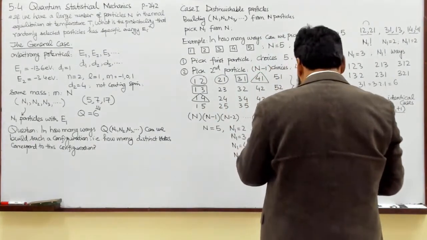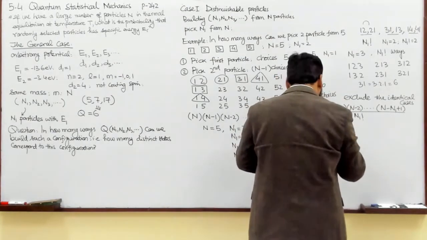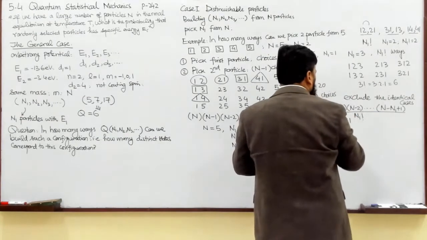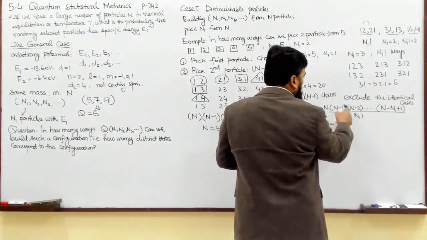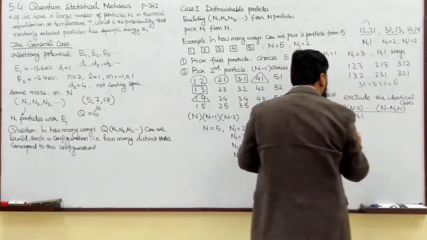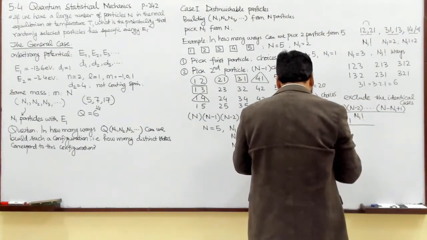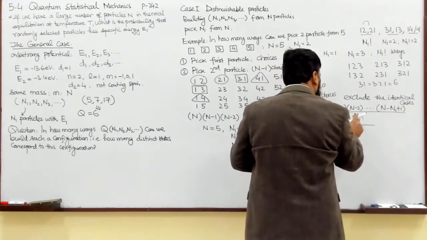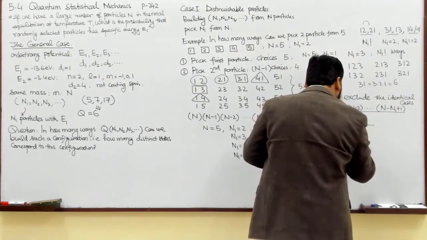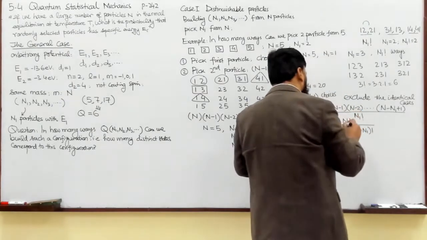And this is equal to, I can write this one as n factorial, because n minus 1, n minus 2 is decreasing, and finally we will reach 1 here. So this I can write as n factorial divided by n1 factorial and then n minus n1 whole factorial.